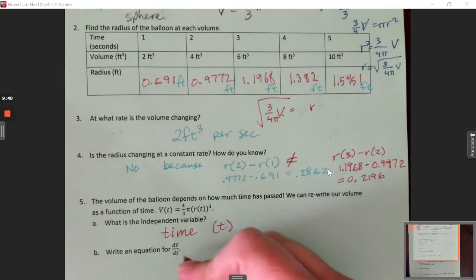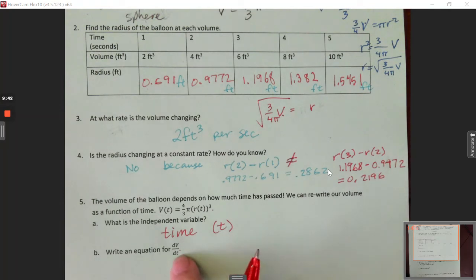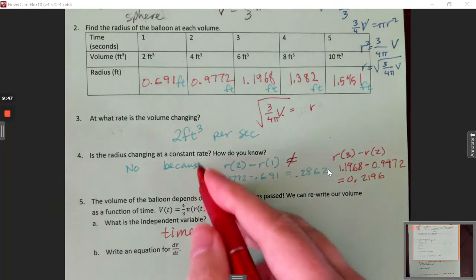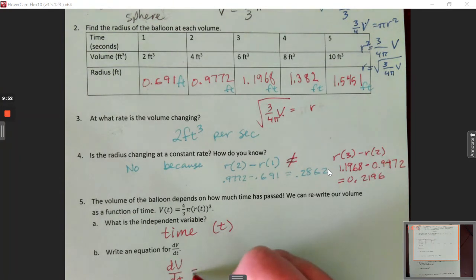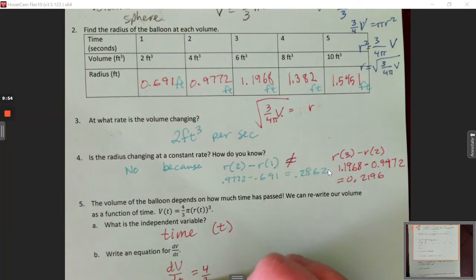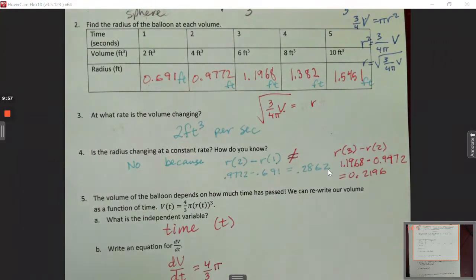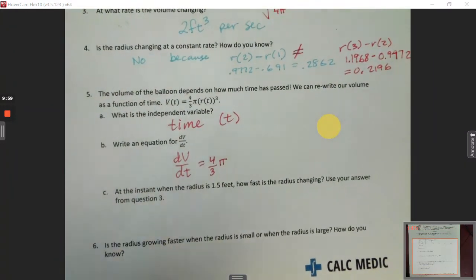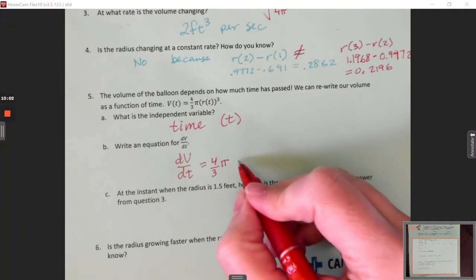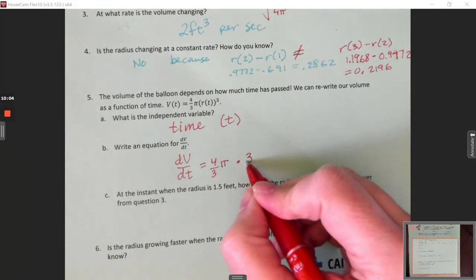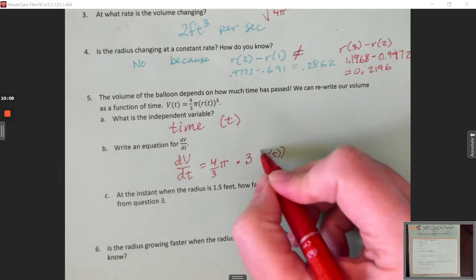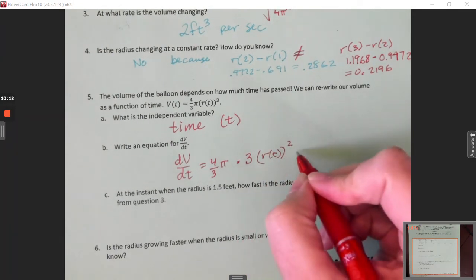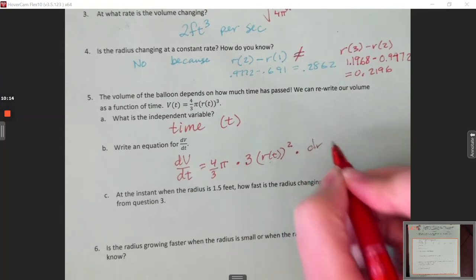Okay, so notice we're taking the derivative with respect to time. It's very, very, very important. So the derivative of the volume with respect to time is dV/dt equals 4/3 pi, which is our constant, times our r cubed comes down, r of t to the second power times the derivative of the inside, dr/dt.